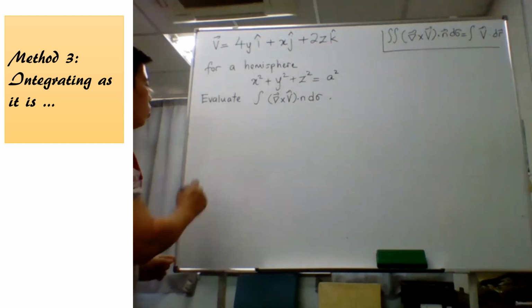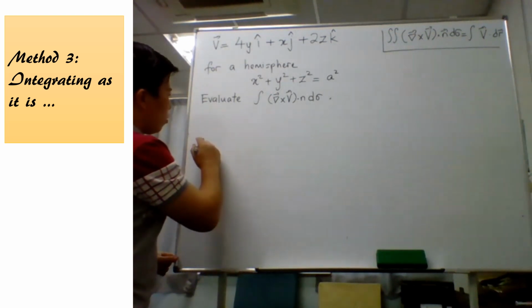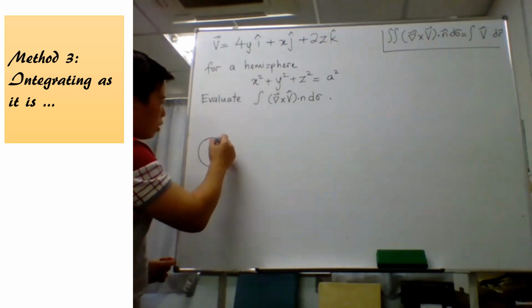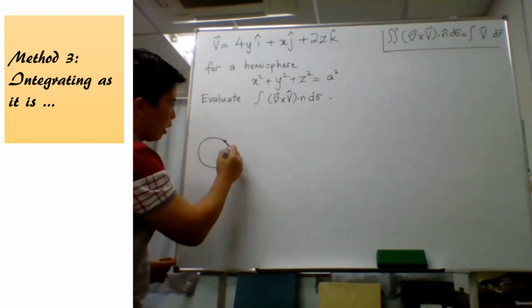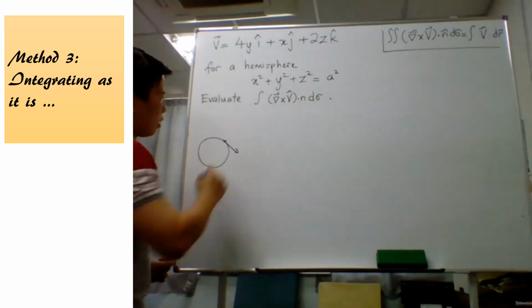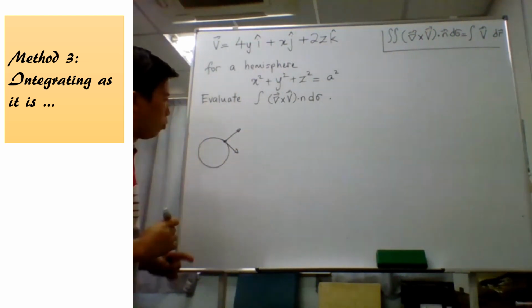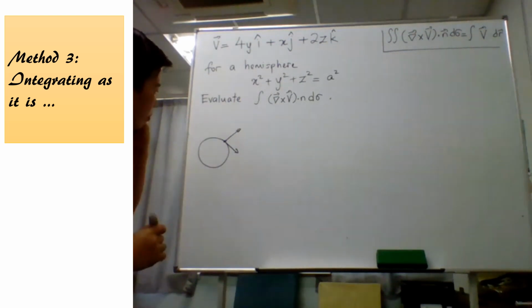In order to do that, we have to recall what we did for a 2D case. For a 2D case, assuming that you have a circle, for a given point you have a line tangent to it, and then you can also define a line which is normal to the surface.